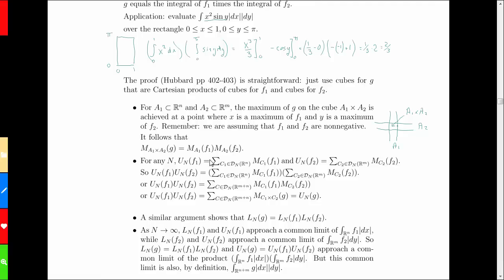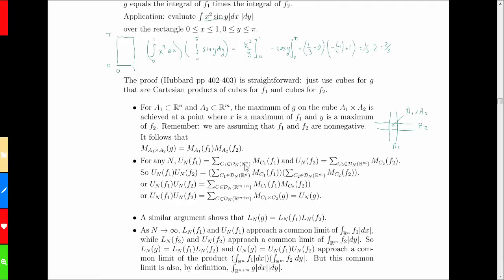Now there's a general principle of doing proofs that applies here, namely that it's almost always easier to expand than to factor. So I'm going to write out the upper Riemann sum for f1 and the upper Riemann sum for f2 and multiply them together.